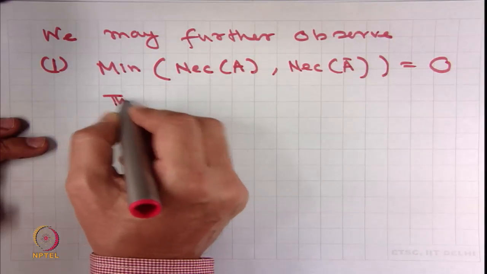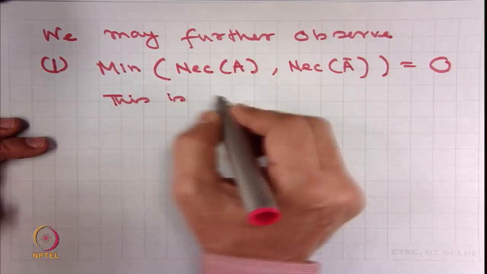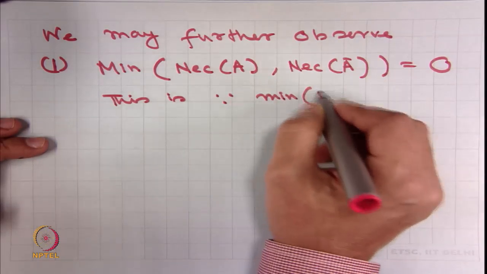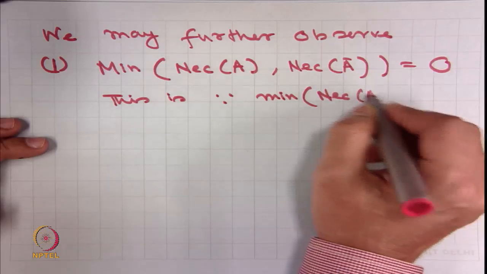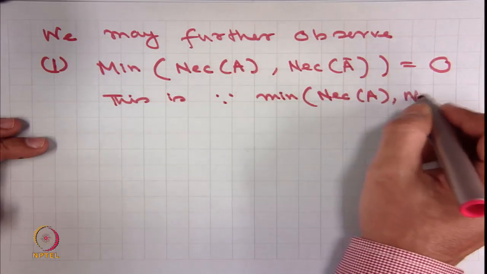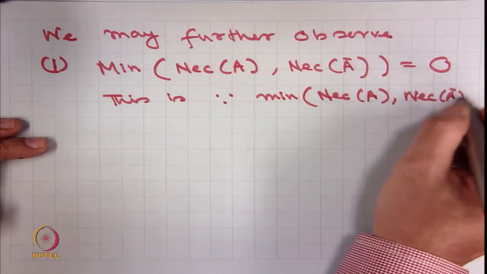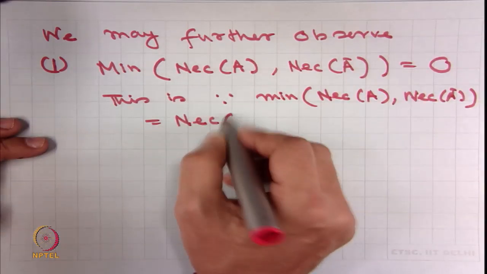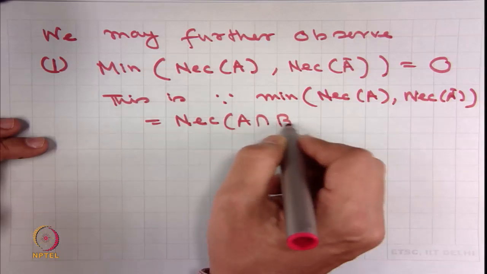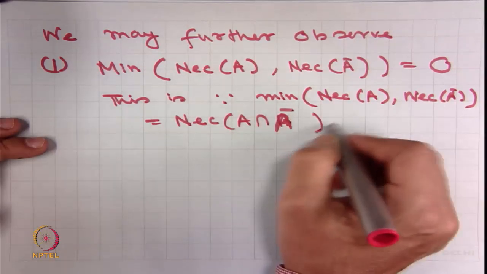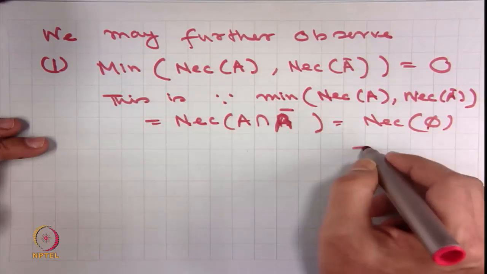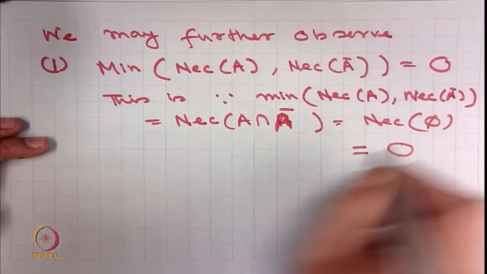This is because minimum of necessity of A and necessity of A complement is equal to necessity of A intersection A complement is equal to necessity of empty set, therefore, it is going to be 0.